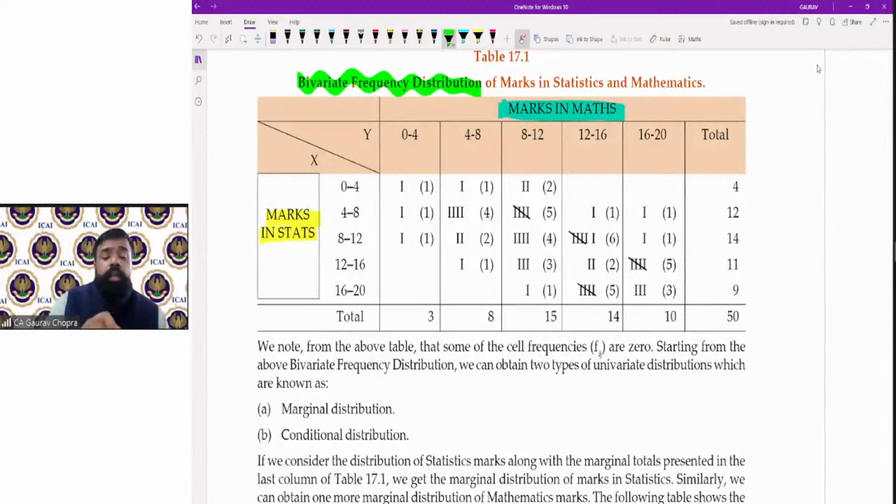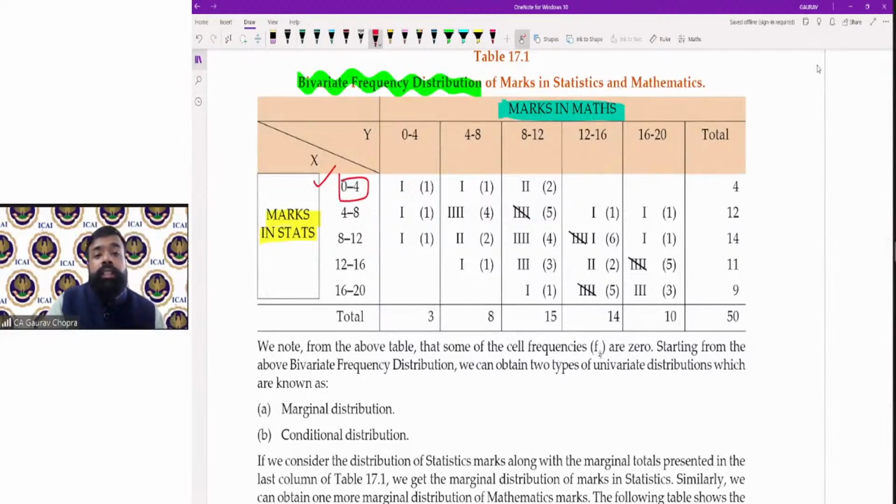Now see, if somebody asks you, like, if a student has secured 0 to 4 marks in statistics, then how much will be the score in mathematics? तो हम ऐसा कैसे answer कर सकते हैं? तो you have to see this table. This X denotes marks in statistics. तो 0 to 4.